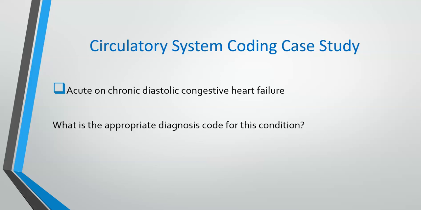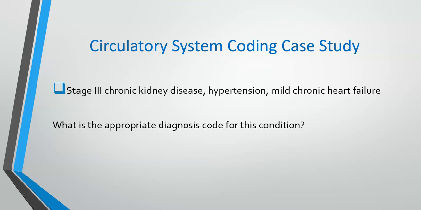Okay? Next one, stage 3 chronic kidney disease, hypertension, mild chronic heart failure. So that's going to be hypertensive heart and kidney disease, so it'll be 2 codes. You'll want to look up the hypertensive condition first.